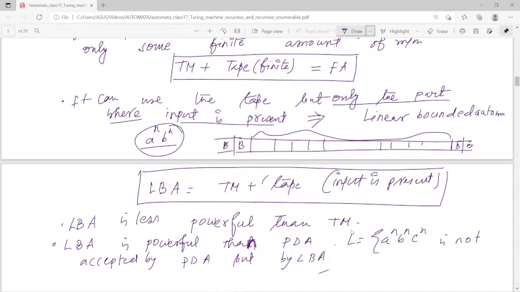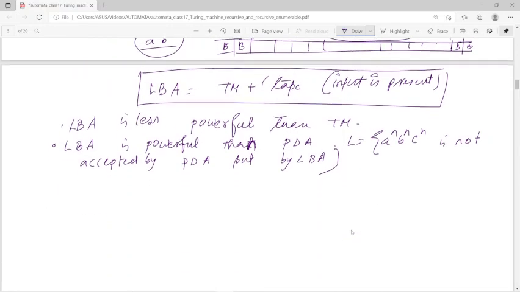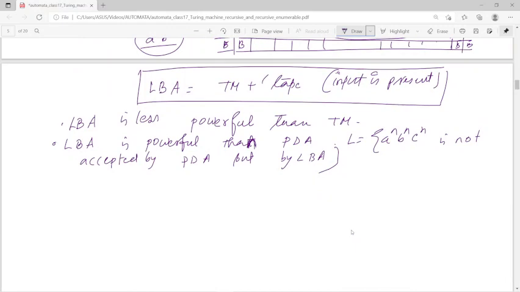So that means in that particular case, you can say that LBA is at least more powerful than PDA. Okay, so when you are doing A, B, B, C, C, there is a blank space, but in case of linear bounded automata, I never cross the boundary.